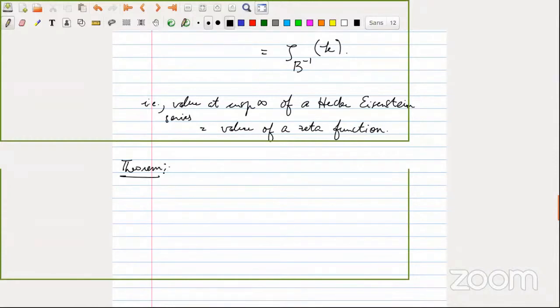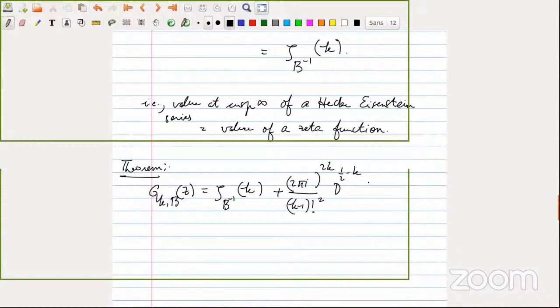It says that G_k^B(z), and the purpose of writing this down is to compare with what we saw in the case of elliptic modular forms, plus (2 pi i)^(2k) divided by ((k minus 1) factorial) squared, and then d to the power of 1/2 minus k, times all those sums coming up.